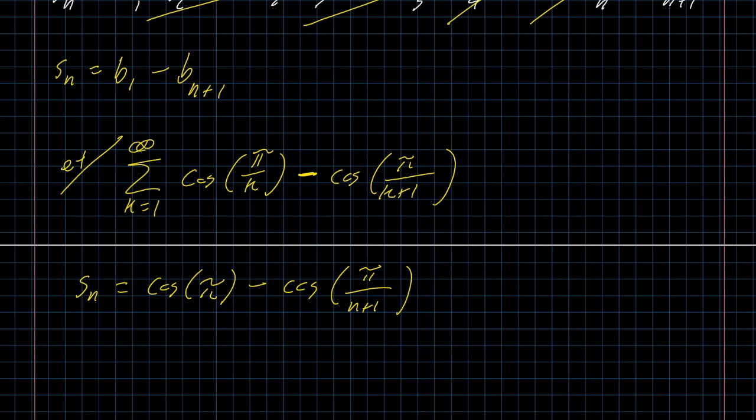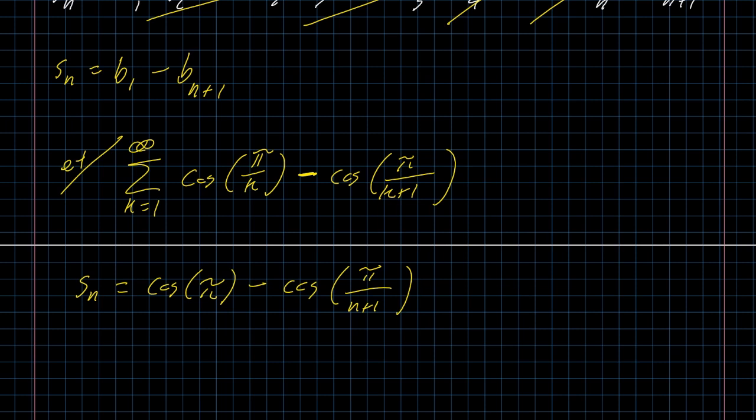And even though cosine itself is an oscillating function and it doesn't seem like it gets much of anywhere, in this particular case it's going to work out fine. Because when I want to take the limit on cosine, I can bring the limit inside, and if I have something that works nicely, in this case I do, right? pi over n plus 1 is going to go towards pi over infinity, which is basically 0.